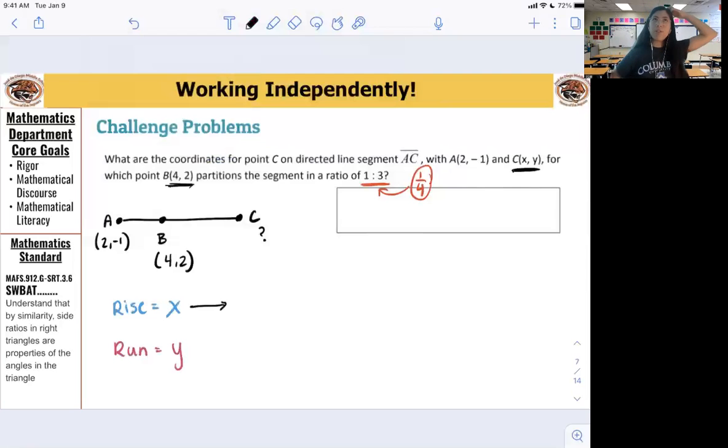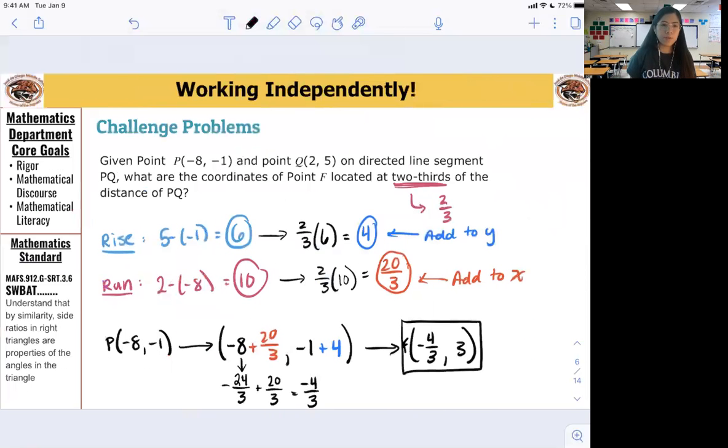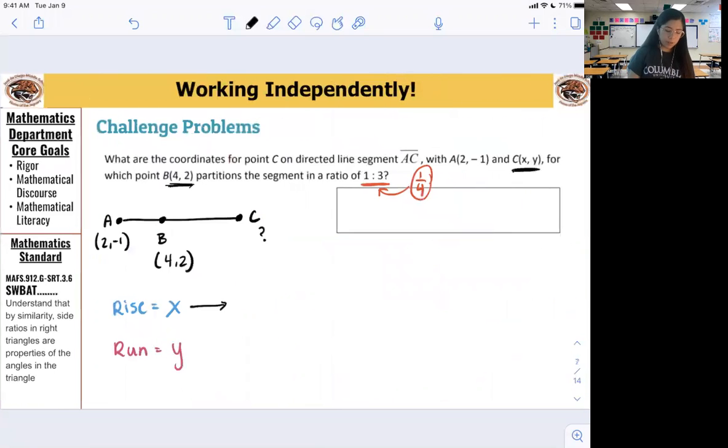I just want to make sure we understand what you're going to end up multiplying. You're on the right track, because usually when you do know the rise and the run, you multiply times the fraction. We don't know the rise and the run, but I'm still going to write that down, because whatever it is, we would multiply it times 1/4. So this would be 1/4 X and 1/4 Y.